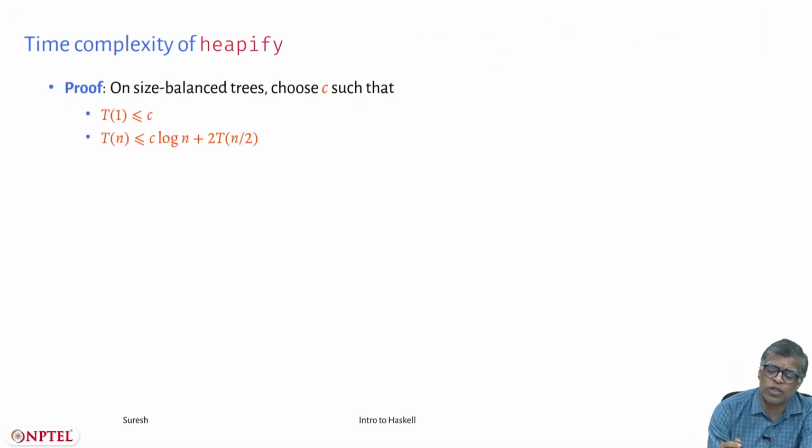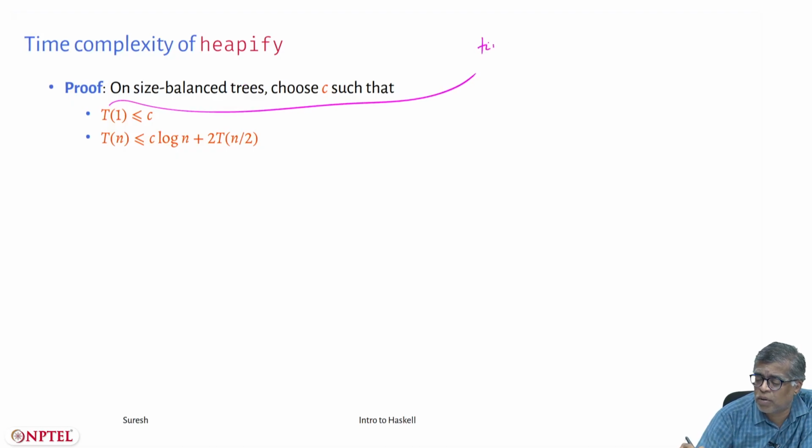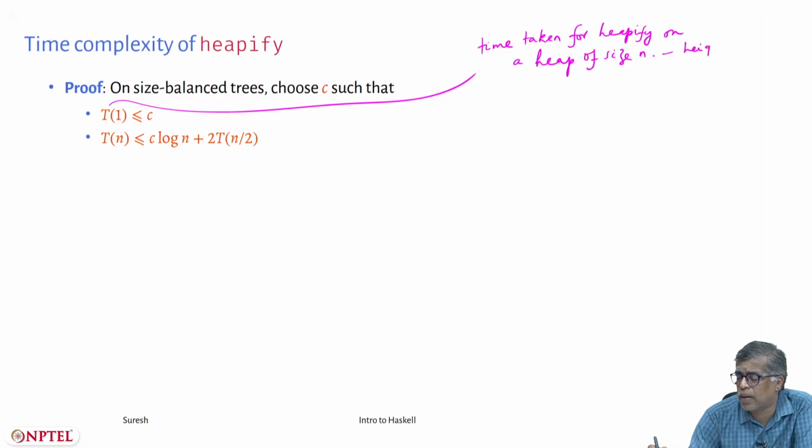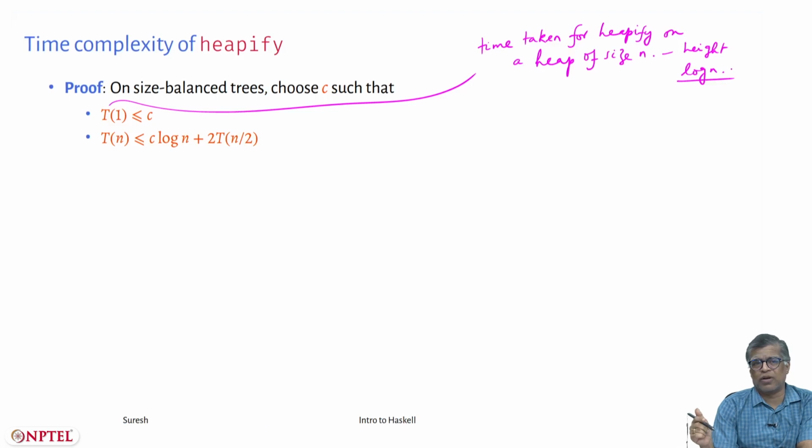So on size balanced trees, choose some constant c such that t1 is less than or equal to c. What is t1? t1 is the time taken for heapify on a heap of size n. And size balanced tree, so height log n, or log n plus some small variant of log n.